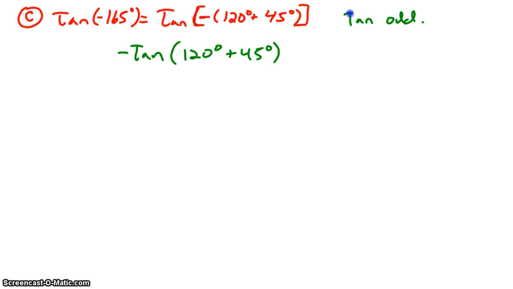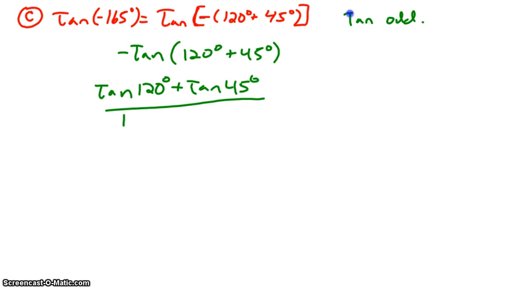Jumping into the sum formula, we will get tangent of 120 degrees plus the tangent of 45 degrees, all over 1 minus the tangent of 120 degrees times the tangent of 45 degrees. Just remember there's a negative in front of that.